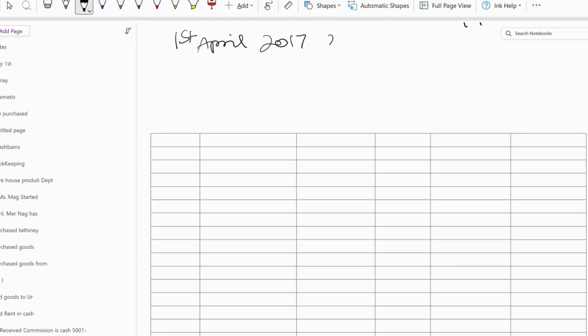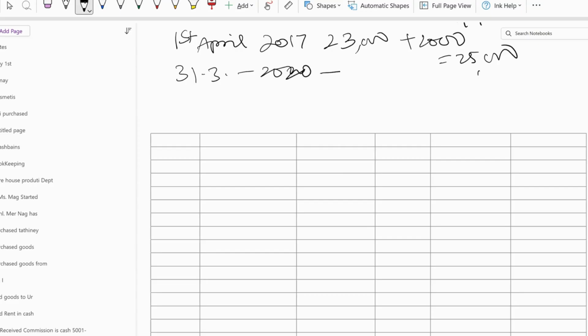First April 2017, 23,000 plus 2,000, that is equal to 25,000. And they sold on 31st March 2020 and its cost is 8,000. Okay. Now we'll see whether they got a profit or loss.